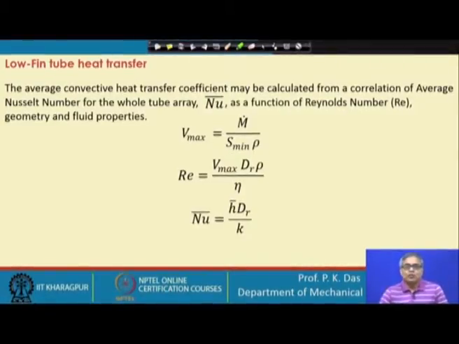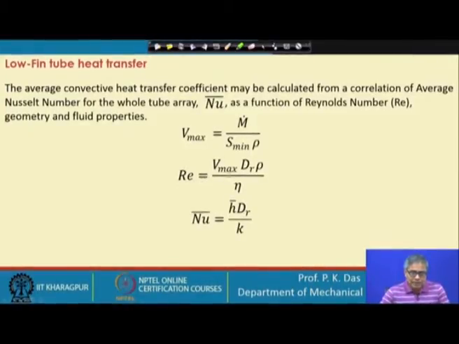We have shown how to calculate S min. I will again ask you to refer back and calculate S min, or get the expression of S min, by your own derivation. So, please derive it.